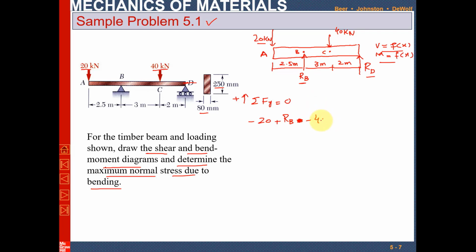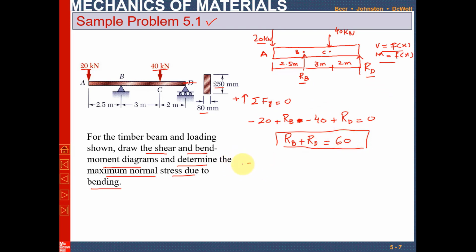So minus 40 plus RD which is acting upward. Their sum must be equal to 0. So from this equation we get RB plus RD is equal to 60. So this is the first equation, because minus 40, minus 20, minus 60, and when it moves toward the right side it will be 60.